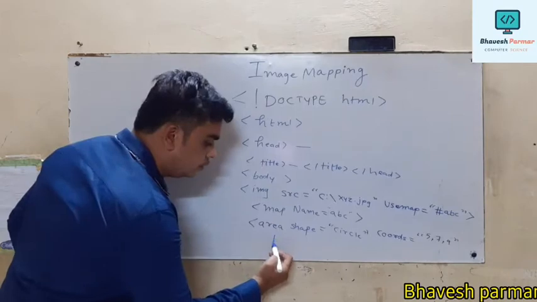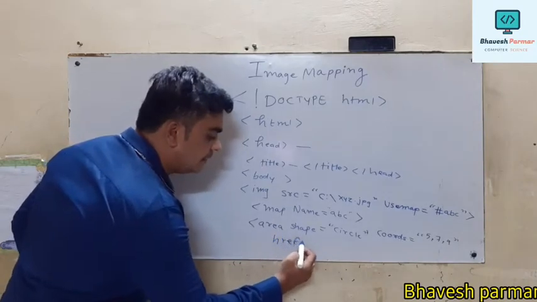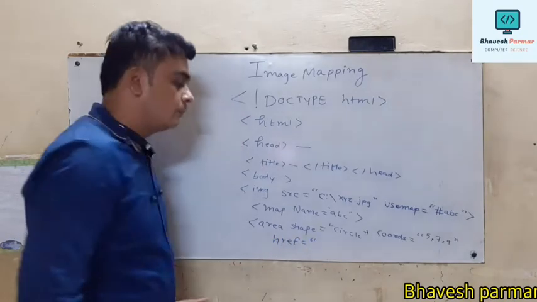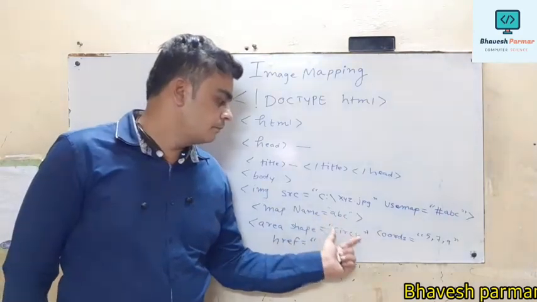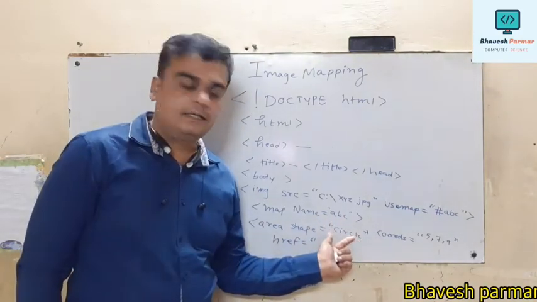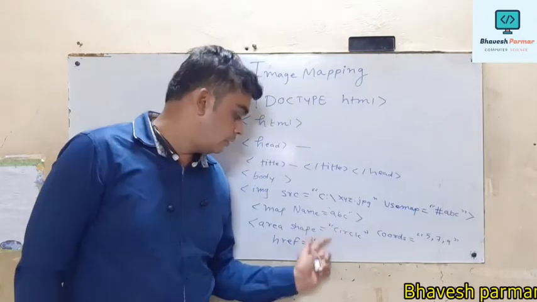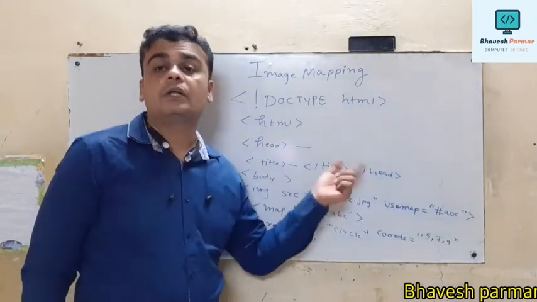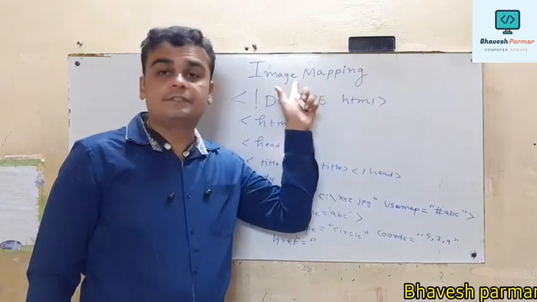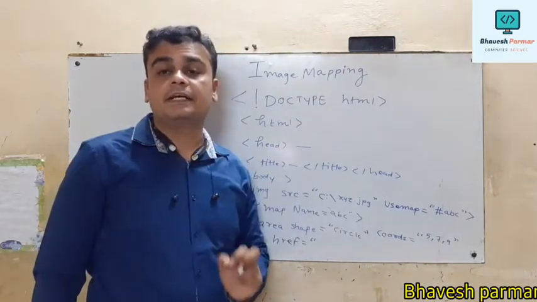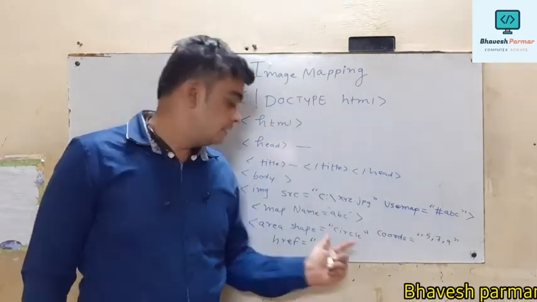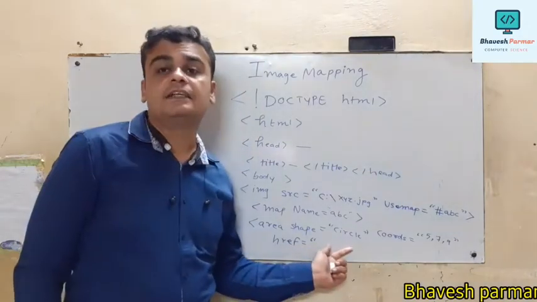Thereafter you have to write href is equal to, and suppose you want to link that circle image, meaning whenever I click on this circle, I want to open a particular website. But note that guys, when you execute this program, an internet connection must be there, otherwise your href doesn't work.